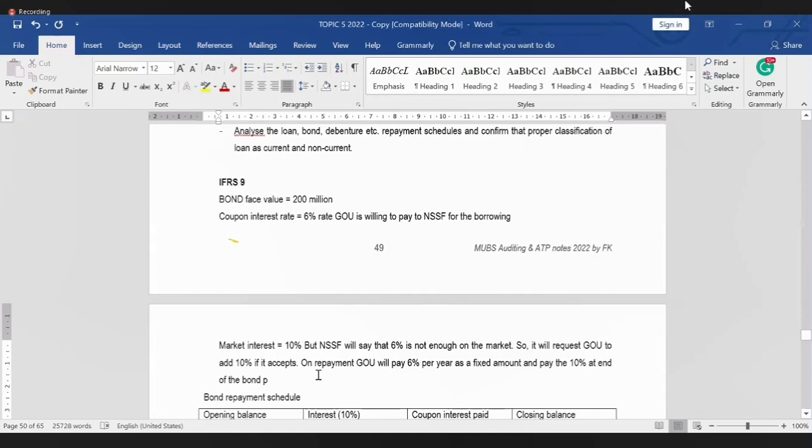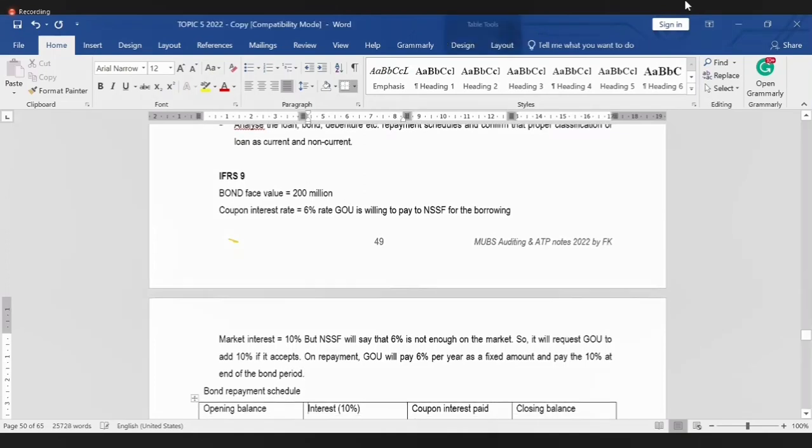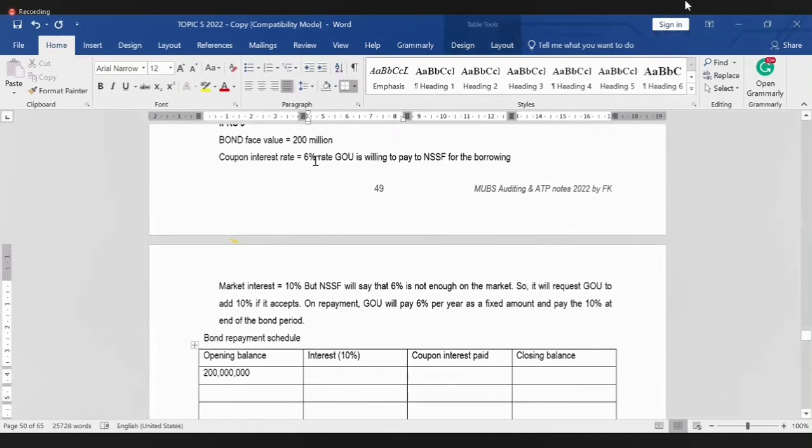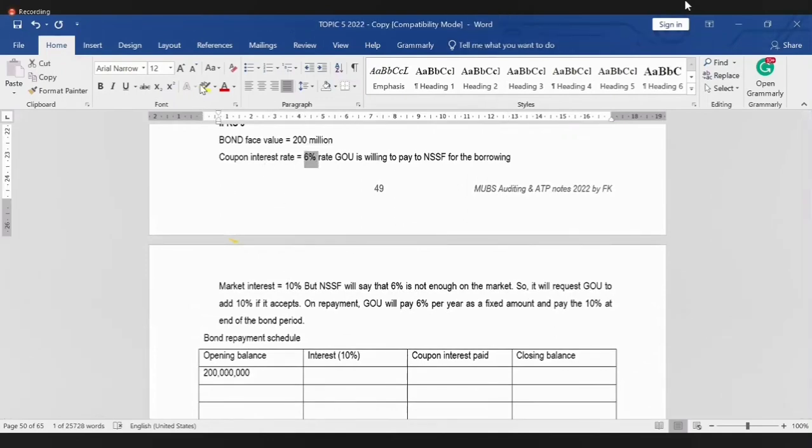So government of Uganda will pay 6% as a fixed amount and pay the 10% of the bond at the end of the bond period. This is how IFRS 9 works for bonds. Government was willing to pay only 6%, but the lender NSSF said it is small, so it requested they add 10%, and they accepted.